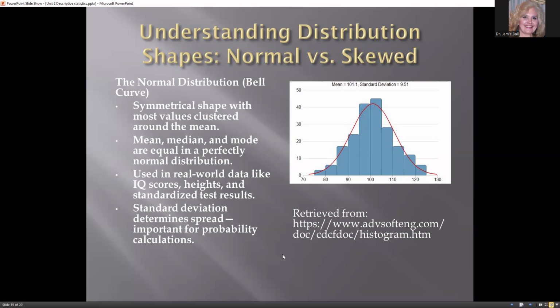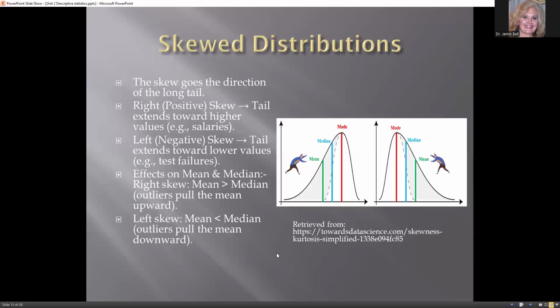The standard deviation determines the spread. So that's part of the variance. It's important for probability calculations. So let's look at standard deviations. Let's look at skewed distributions first. So here I have a negative or left skew, and then I have a positive or right skew distribution.